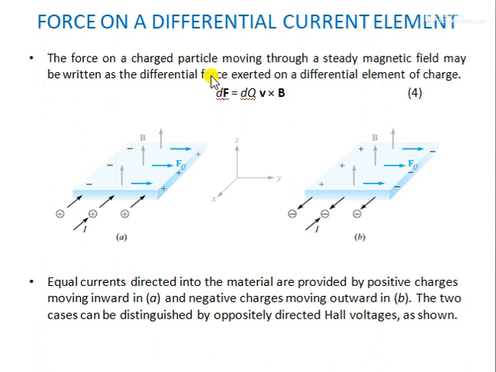A force is exerted on the electron and thus their position is slightly shifted. Hence, a small displacement is produced between the centers of gravity of positive charge and negative charge.